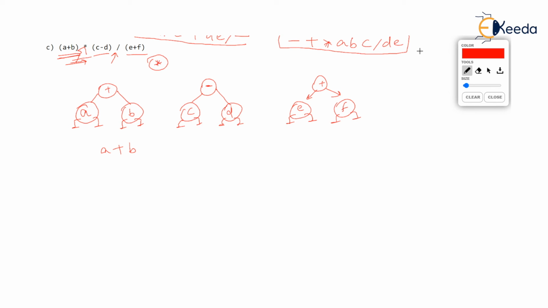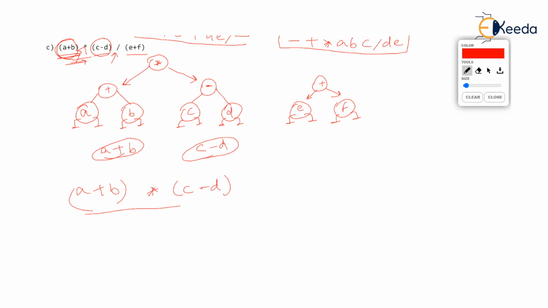You are supposed to multiply A plus B. A plus B is multiplied with C minus D. So left of multiply will point to A plus B and right of multiply will point to C minus D. And now you have done A plus B into C minus D. You're finished with this. This entire thing is this portion.